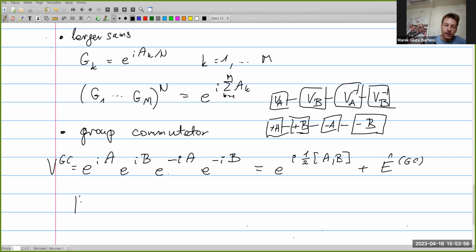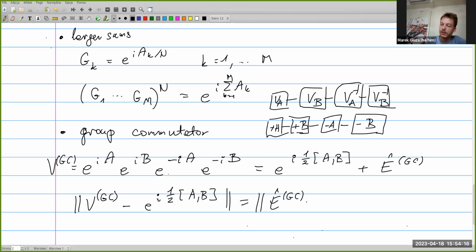And now we could ask what is GC, maybe some brackets like this, minus e^{i(1/2)[A,B]}, norm. And this is exactly the norm of our error operator, which is just defined as the difference. This equation just defines it.